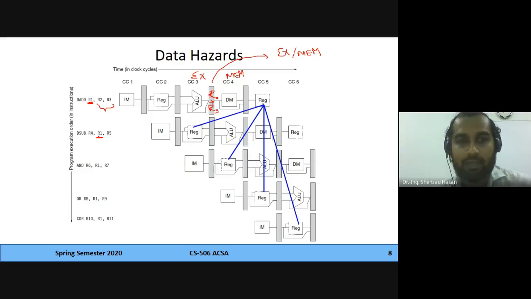But now we are talking about a different thing. We are not talking about R1, but we are really interested in the result of the previous instruction, which is R2 plus R3. So how late as possible do we need that? We see that this result would be utilized in the execution stage and never before that. So you are going to use that value in the execution stage.